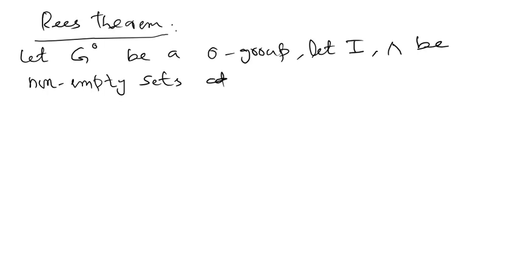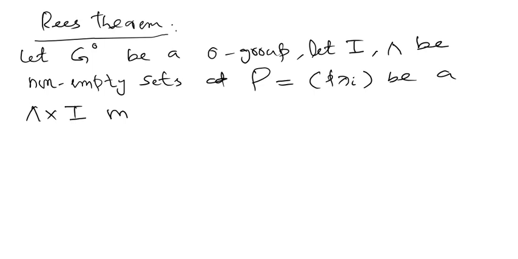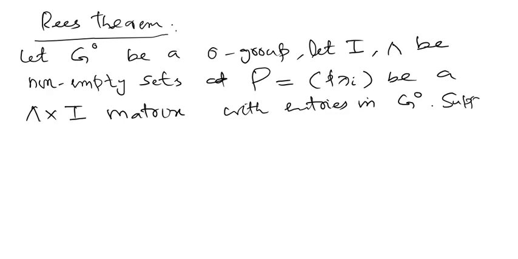And let P, which is equal to the P lambda I matrix, be a lambda cross I matrix with entries in G0, and suppose that this P is regular, in the sense that each column is non-zero and each row is non-zero.